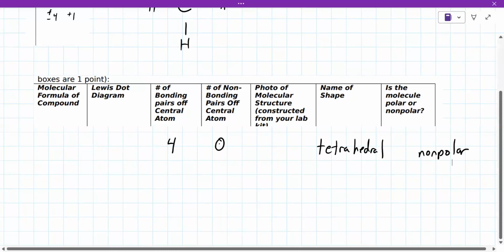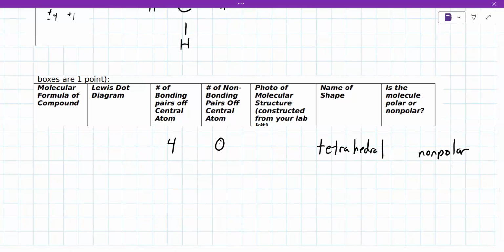It says if all the bonds in the molecule are nonpolar bonds, the molecule is nonpolar. But what does that even mean? If the bonds of the molecule are polar, the symmetry of the molecule matters. Here are some examples.